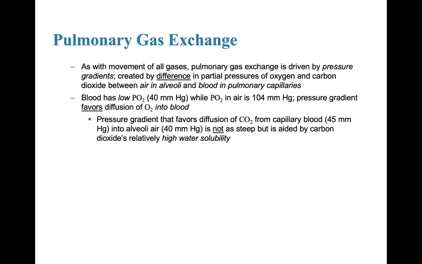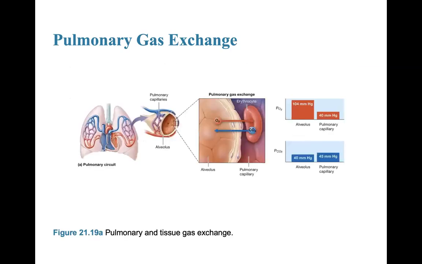And what will happen is the flow of carbon dioxide will be from the high of 45 within the blood down the concentration gradient to that of 40 in the air, and you'll get the flow outward. So here we can see the movement of oxygen from the alveoli into the blood and of carbon dioxide from the blood back into the alveoli.